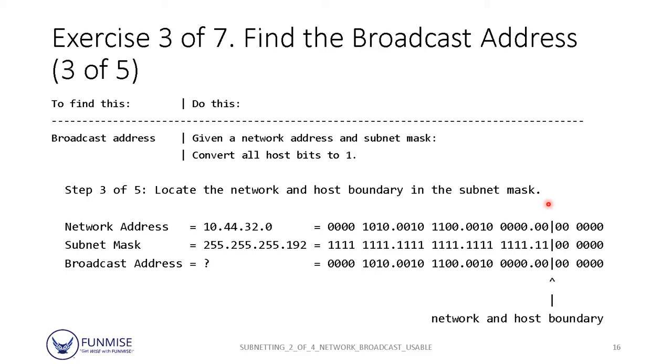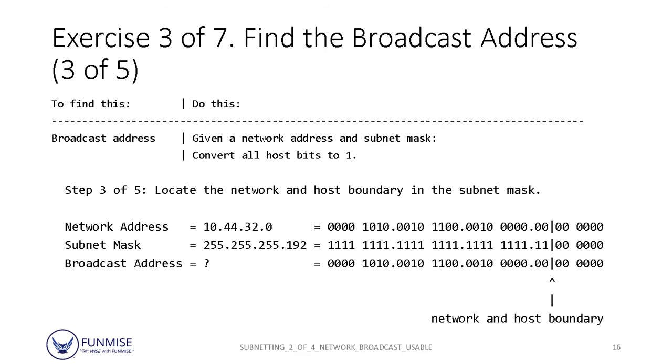So here is the boundary we're establishing between the network bits and the host bits. We've located this boundary within the subnet mask, where the network part ends and where the host part begins.